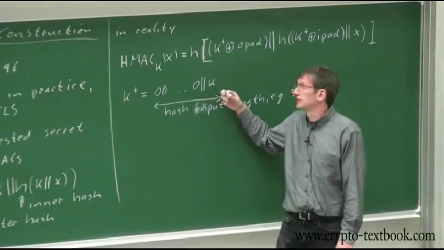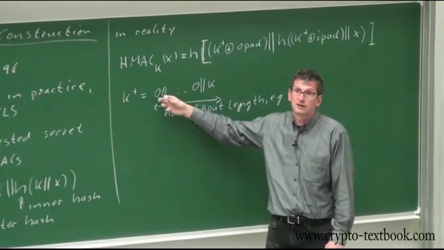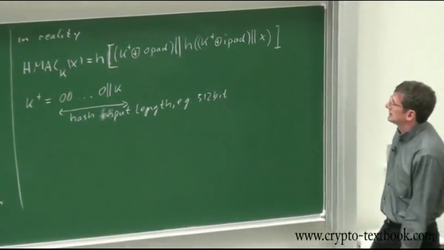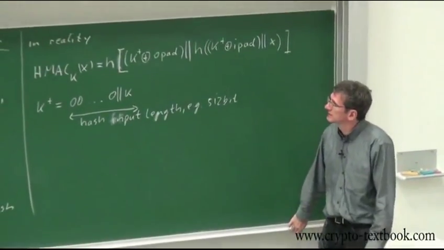Everybody with me? This is 128 bits. If you want to go up to 512 bits, you need whatever, 480 something, right?